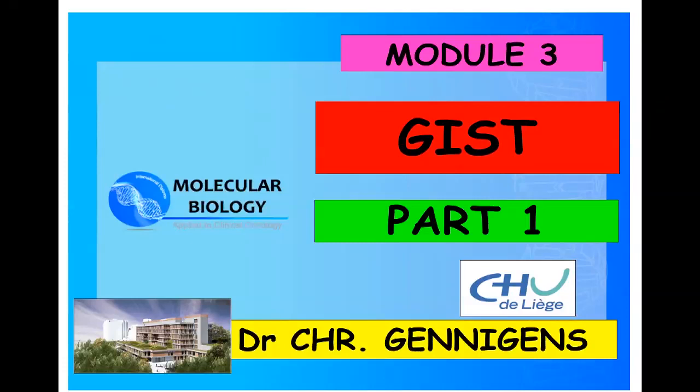Hirota discovered in 1998 the gain of function mutation of c-KIT in human gastrointestinal stromal tumor, with a publication in Science in January 1998.